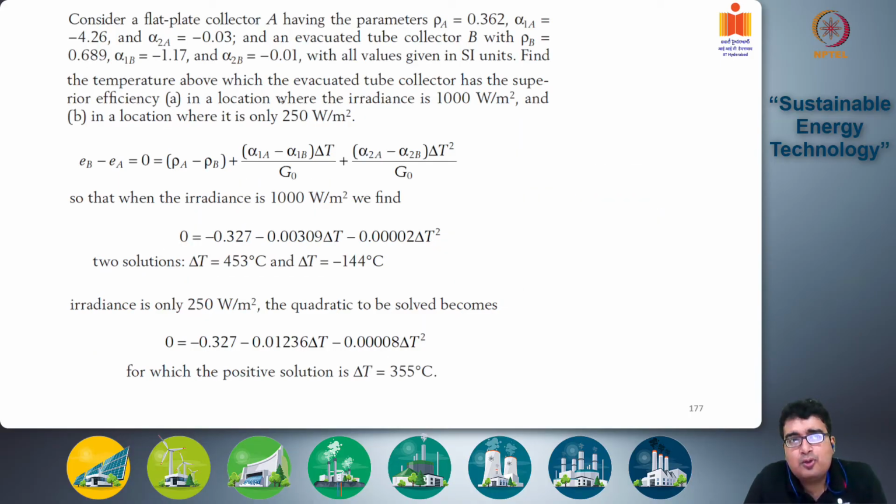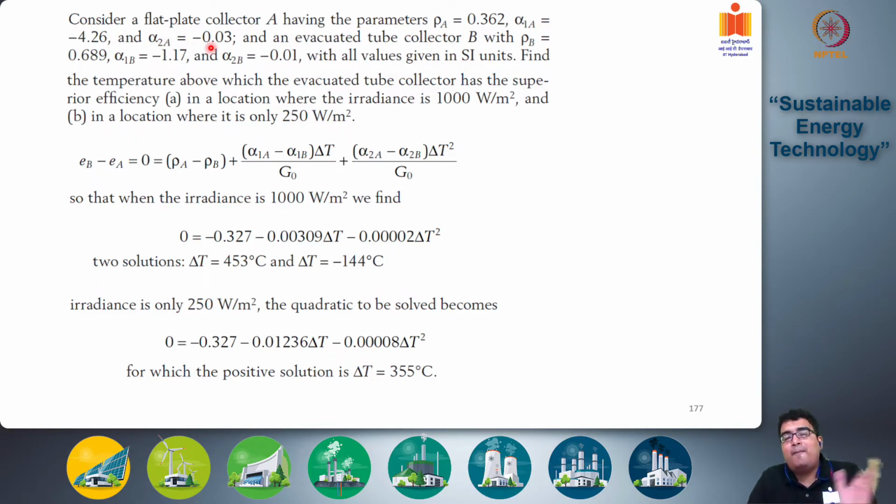So now let us look at a few examples. I will look at the worked out examples directly today because it's more useful when we are discussing the theory and the worked out examples together. Here we are considering a flat plate collector A having parameter rho A, the reflectivity, as 0.362, and the resistance parameters are alpha 1A as minus 4.26 and alpha 2A as minus 0.03.